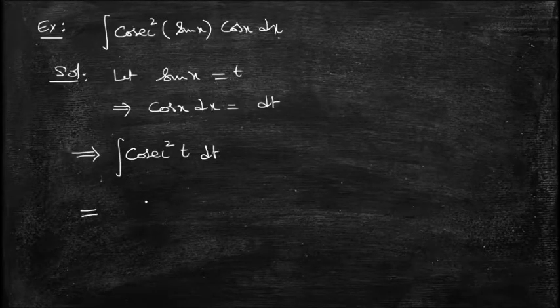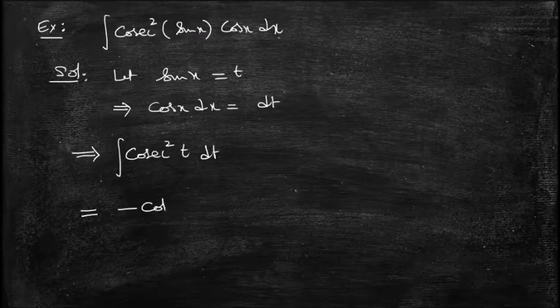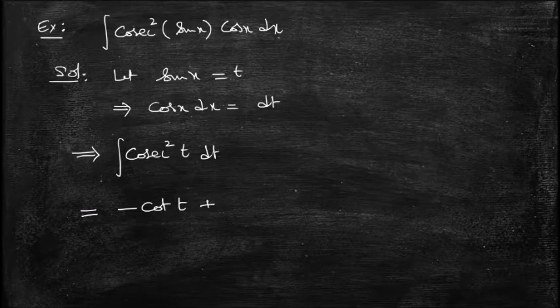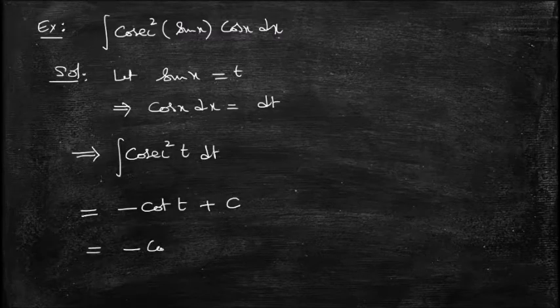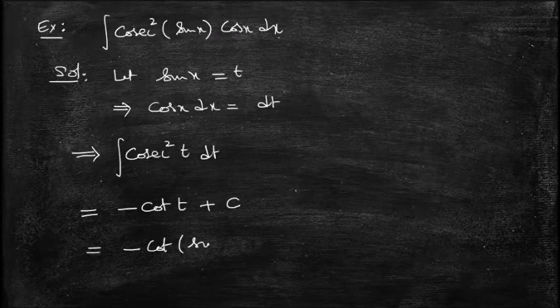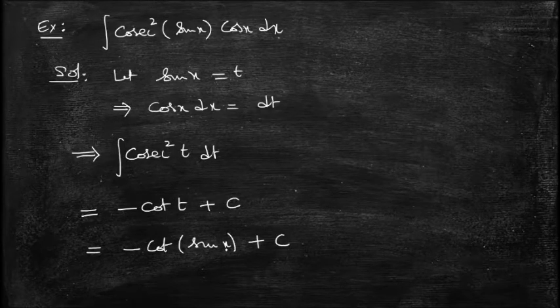What is integration of cosecant square x? Minus cot t plus c. Minus cot t, t is sin x, plus c. Hope you have understood this problem, right?